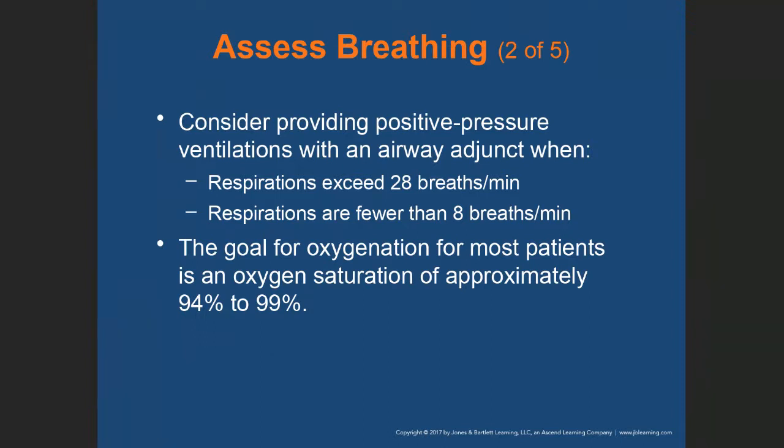If it's very fast, are there associated symptoms? If it's slow, are there associated symptoms? That tells me that I need to provide positive pressure. The goal for oxygenation for most patients is an oxygen saturation of approximately 94 to 99%.